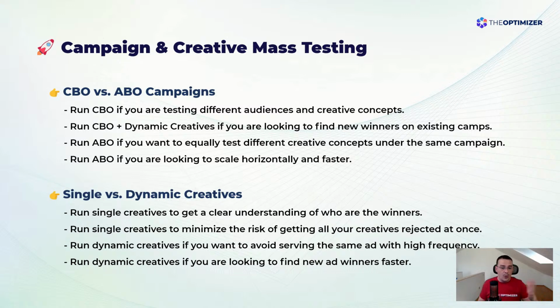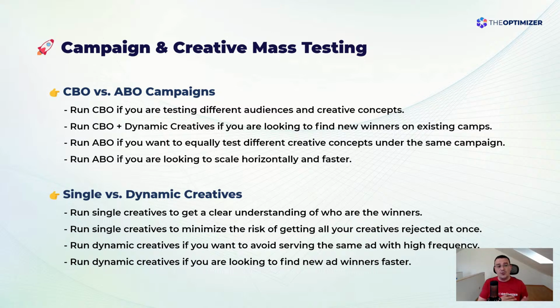So let's say you have one campaign that has been running for a while and is working great, but you see some fluctuations. Instead of changing everything, you introduce a new ad set with a new set of dynamic creatives. If that new set is performing better, Facebook will on its own focus traffic there versus the older one. That helps with finding new winners without shaking the original campaign too much.